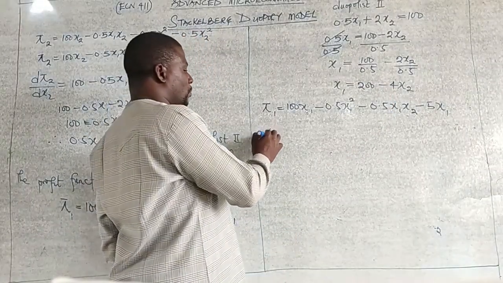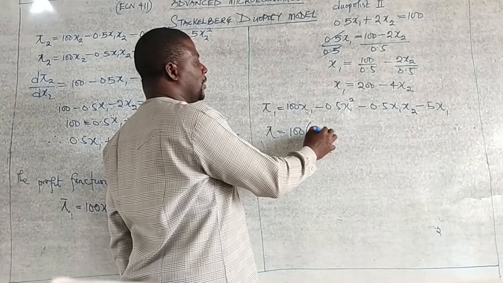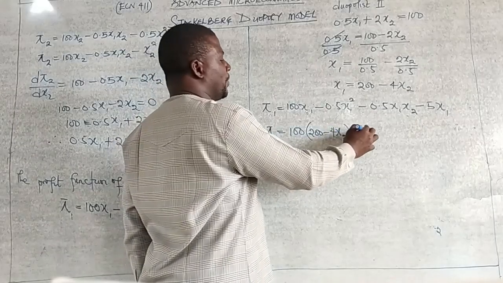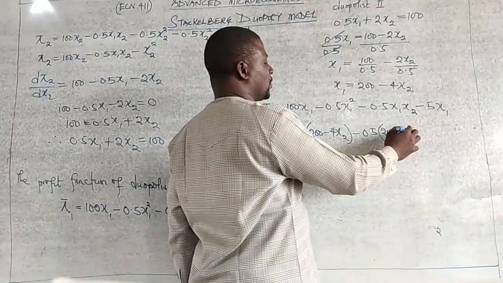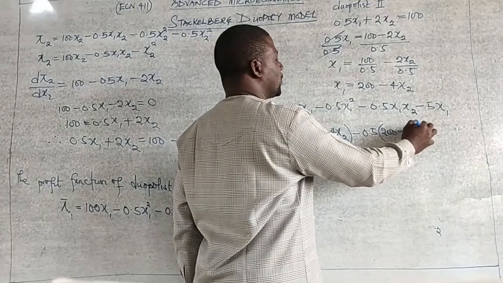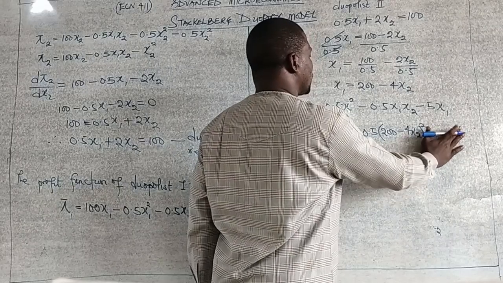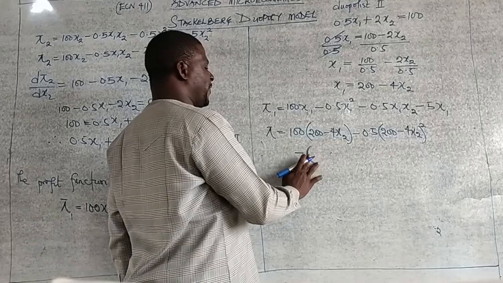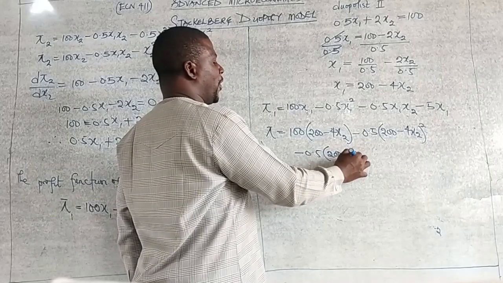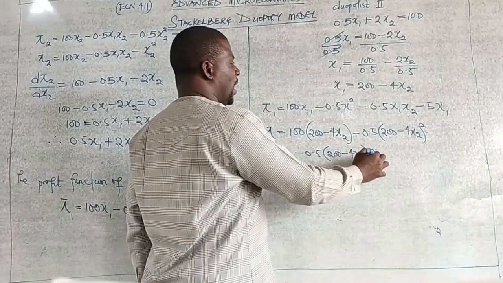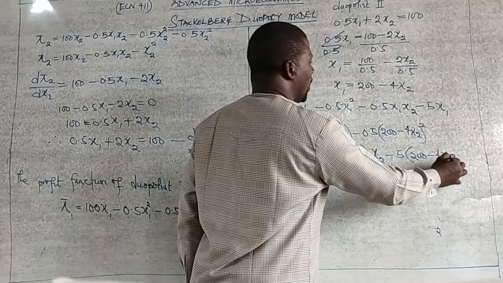So that will be 100 into bracket 200 minus 4x2, then minus 0.5 into bracket 200 minus 4x2 squared, minus 0.5 into bracket 200 minus 4x2 times x2, then minus 5 into bracket 200 minus 4x2. Am I right?